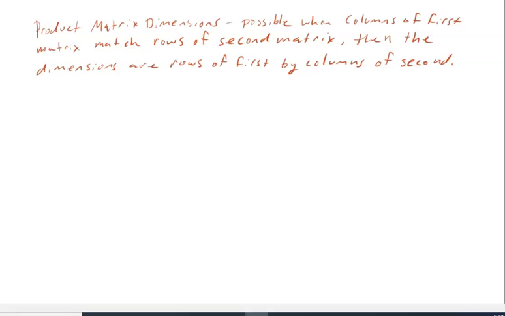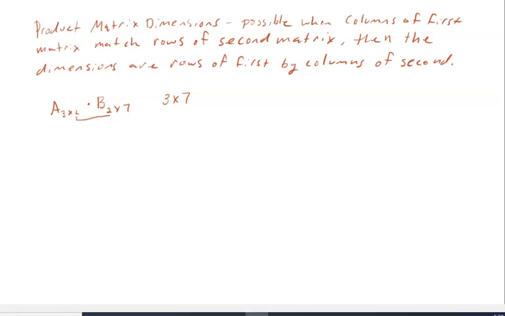So again, if we had a matrix A, it has a size of 3 by 2, and we wanted to multiply it by a matrix with size 2 by 7, the numbers here match up, columns of the first, rows of the second, and so we can get a matrix C that is a 3 by 7.